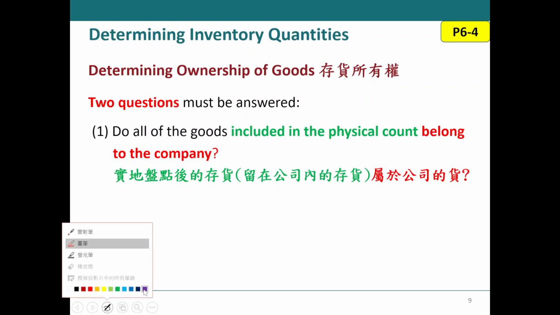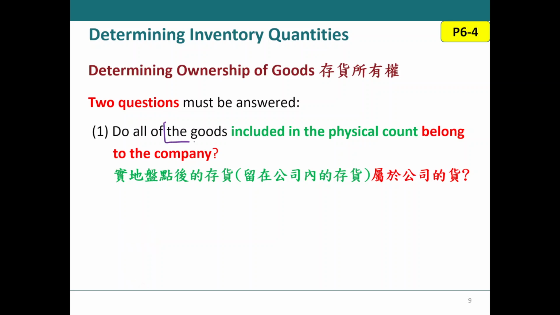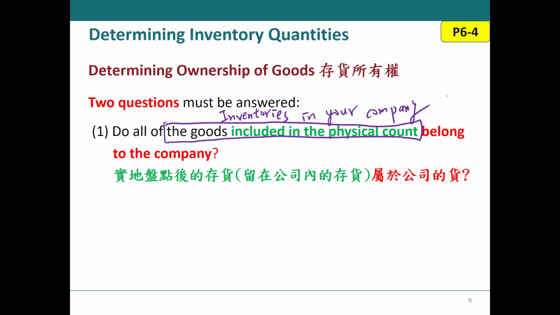The inventory you find in your company, is it yours? Maybe yes, maybe not.